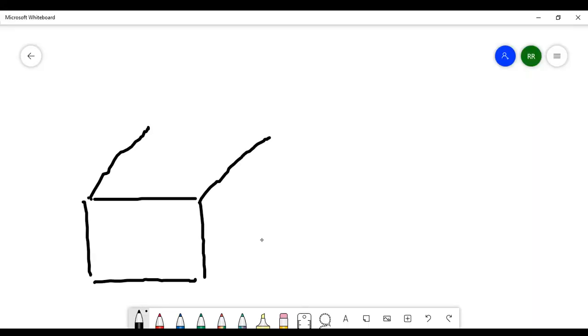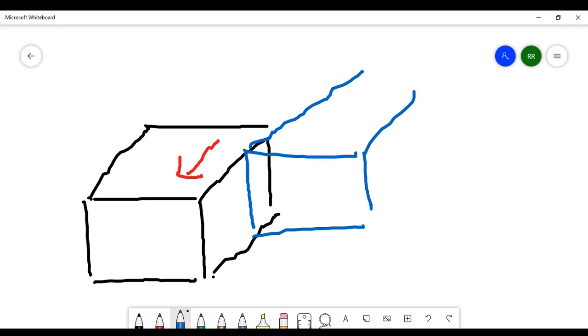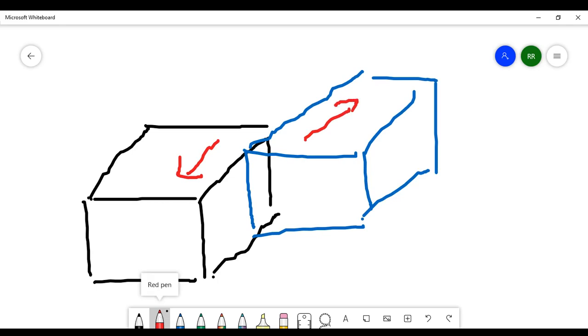If we have one cube here, and let's say that this cube is moving in this direction towards us, and we have the other plate that is moving further away from us. So this one is going this direction. And this is where we have the slipping occur, right between these two plates, right along here.